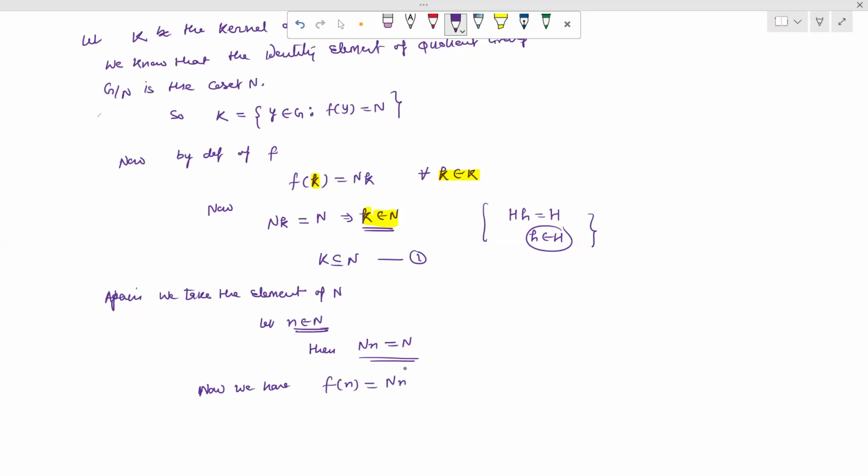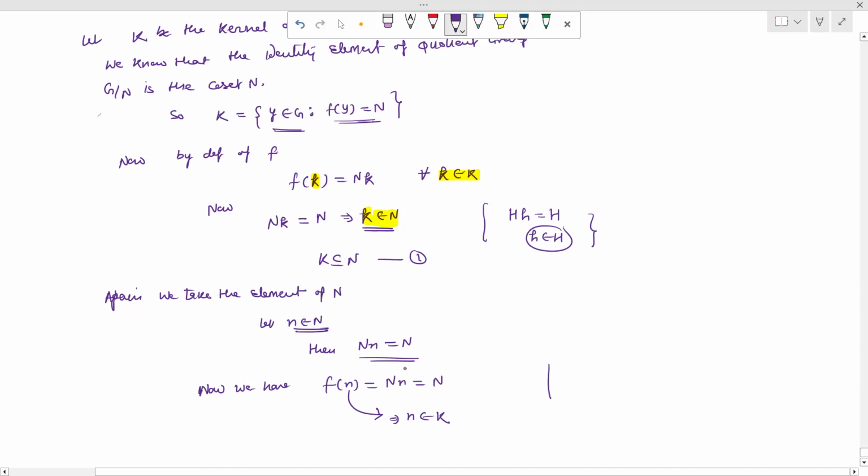By definition, f of n equal to nN, and this nN is equal to N. So here we see that when we take f of y, where y belongs to G, f of y equal to N, this y belongs to K. So here f of n equals nN, or nN equal to identity. So it means that this n belongs to capital K.